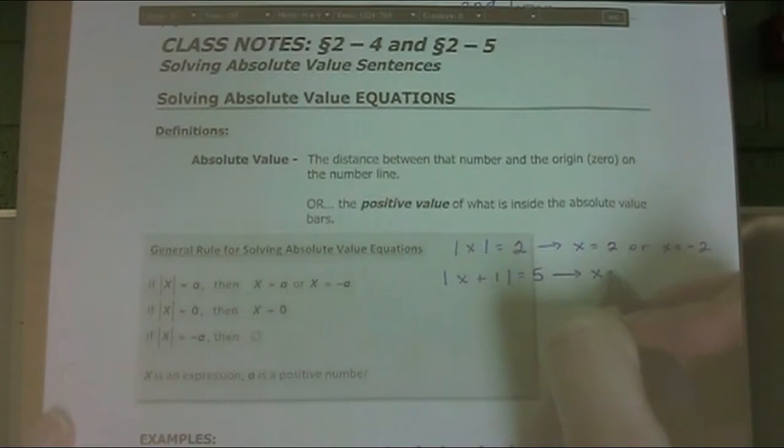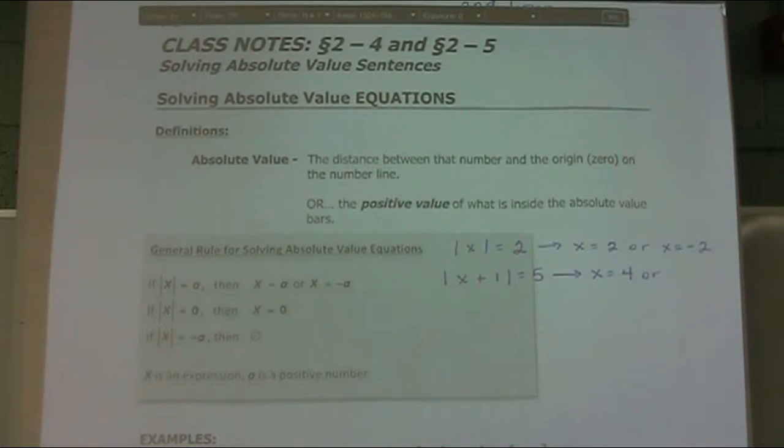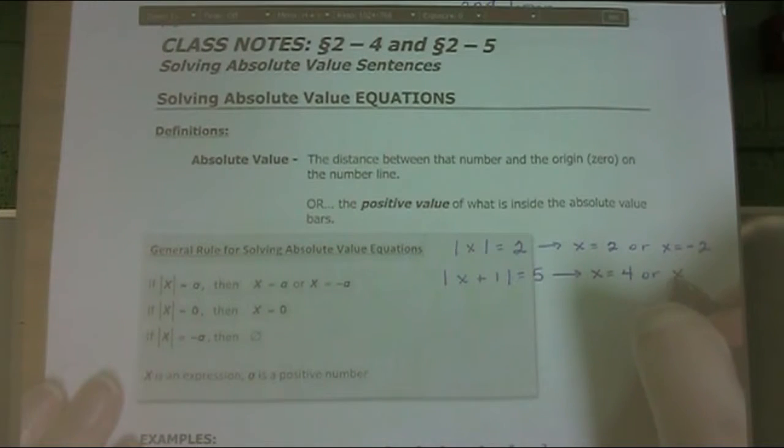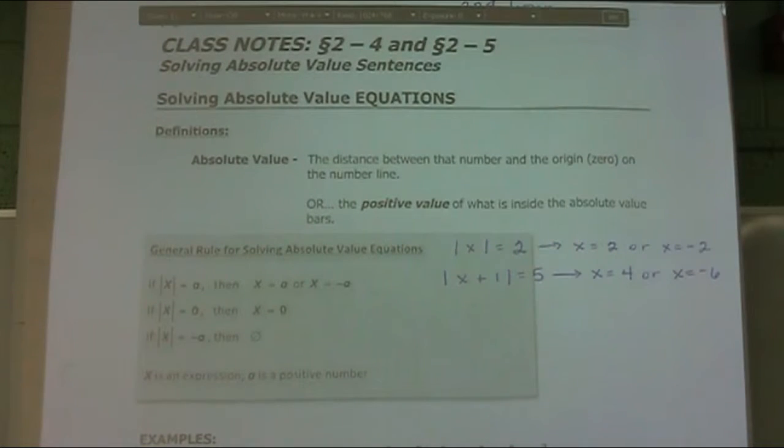So x can equal 4. Can you see another number that will work in here? Negative 4 will not work because negative 4 plus 1 is negative 3, and the absolute value of negative 3 is not 5. Negative 6. Because negative 6 plus 1 is negative 5, and the absolute value of negative 5 is 5. So this, again, shows us that we have two solutions to an absolute value equation.